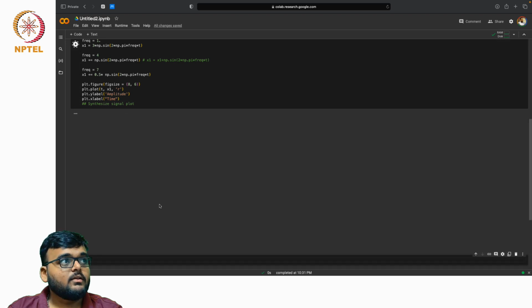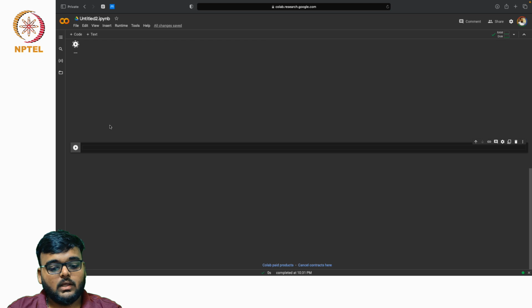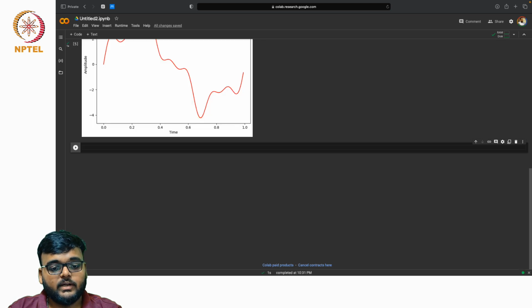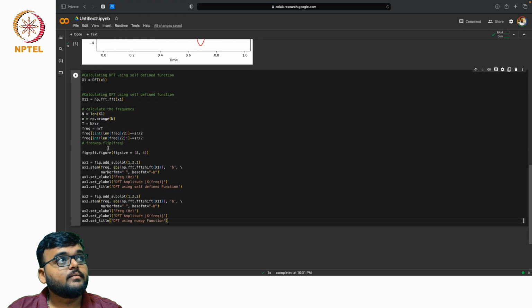Now what I will do, we will do a Fourier transform of it using the DFT function we defined, and also using the fast Fourier transform function of the NumPy library. So we will just write this code here.